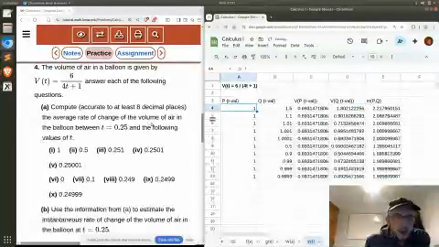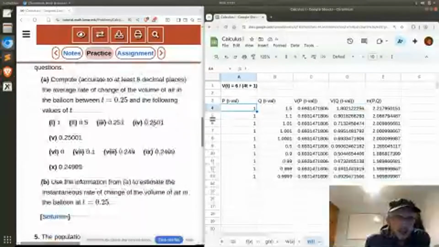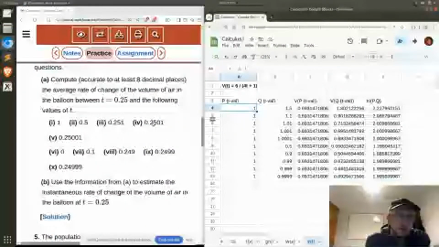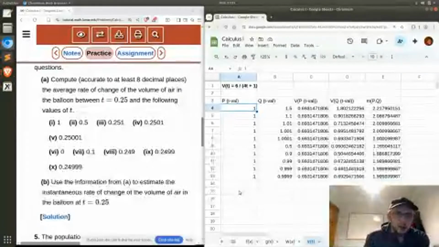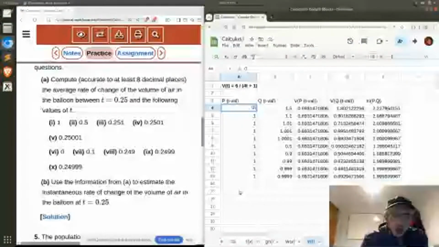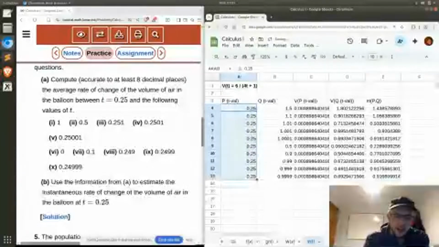All right, so we're improving in accuracy. Of the volume of air in the balloon between t equals 0.25 and the following. So I recognize that that is Q. That is playing the role of Q. Rather, it's playing the role of the t value of P.